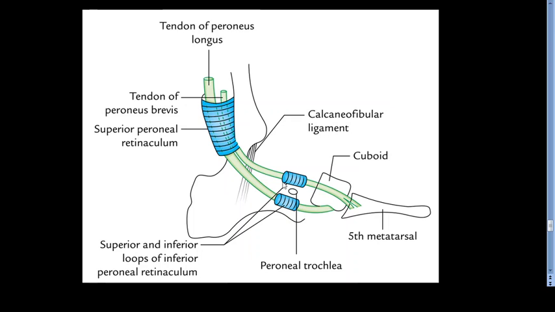In the inferior retinaculum there are two compartments: in the upper compartment the peroneus brevis tendon passes, and through the lower compartment there is the passage of the peroneus longus tendon, right? So you can easily appreciate these two tendons. So this is the peroneal compartment, or the lateral compartment, of the leg. So thank you so much.